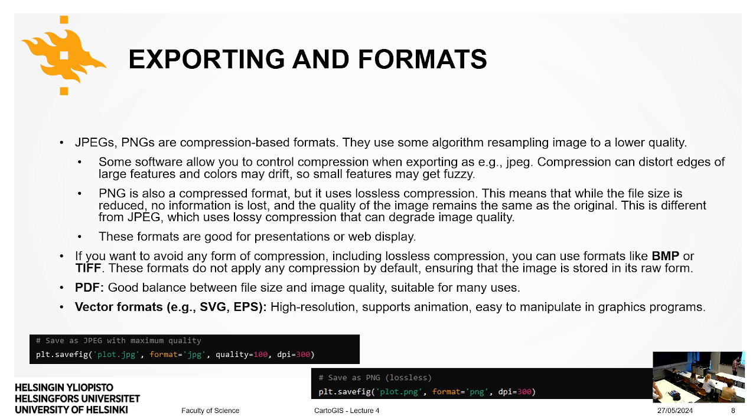There are also vector formats. It's the same idea of vector versus raster in GIS. With vector, the whole process is different. So they are high resolution. They can support animation. It's easy to manipulate in graphics programs. So if you have vector, you take it to some other software, you can easily work with it, change things.